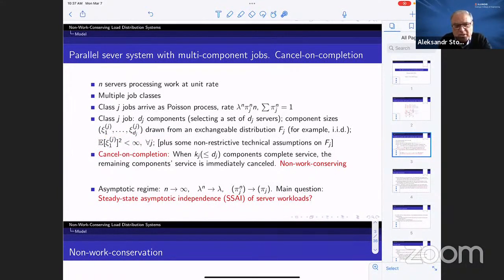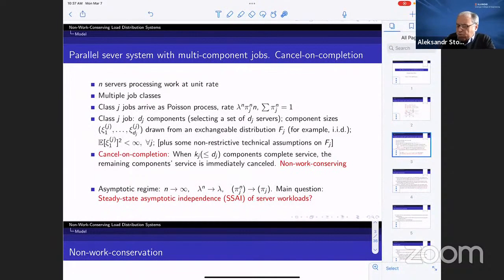Let's assume that this is true throughout this talk. There are some non-restrictive technical assumptions about this distribution. Let's not talk about them; they always hold. Okay, so cancel-on-completion is the main feature which I just described, and this makes the system non-work-conserving, in the sense that I will describe on the next slide.